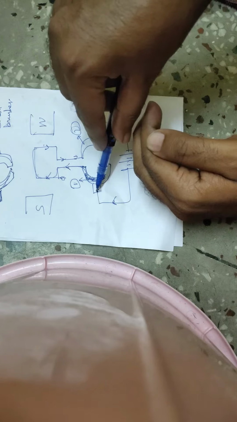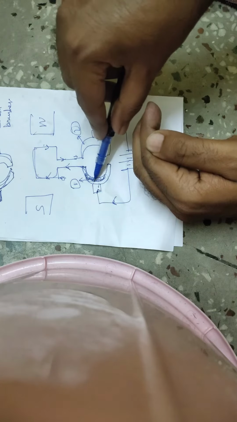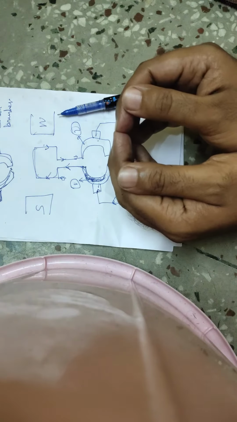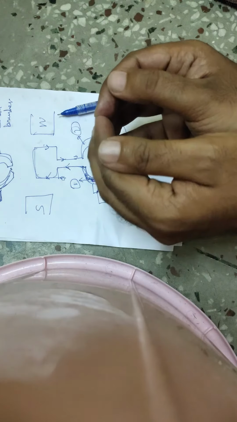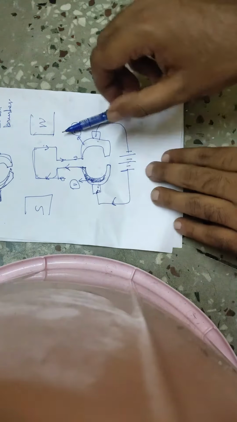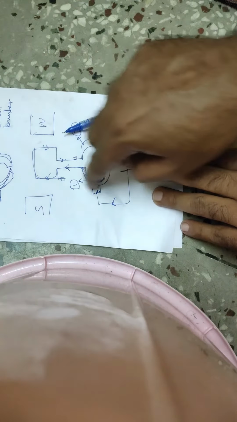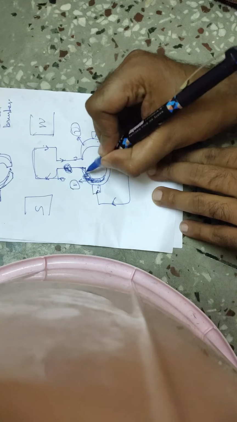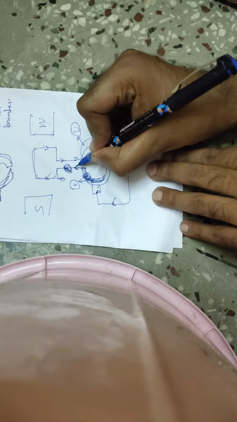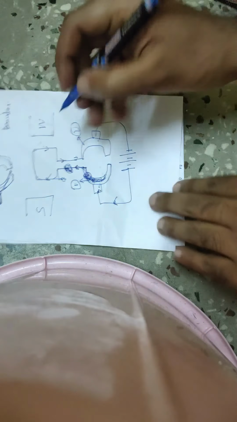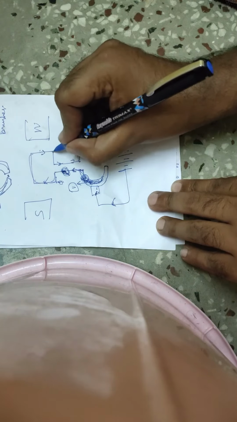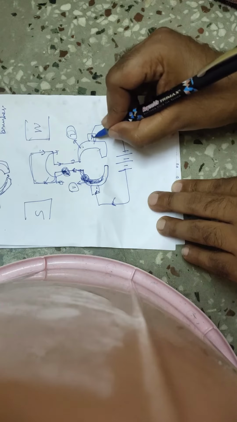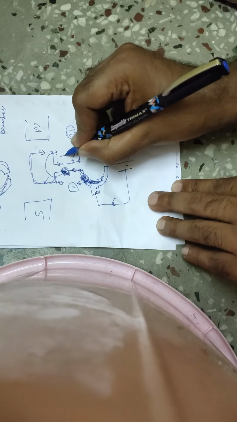Remember, this brush is static, but this commutator is movable. So once this fan rotates, the commutator will rotate. Initially the commutator was giving the current in this direction, यानी इस वायर को ये commutator इस डायरेक्शन में करंट दे रहा था. But once the rotation happens, the same wire will come here, and the commutator will join to this brush and it will give the current in this direction.